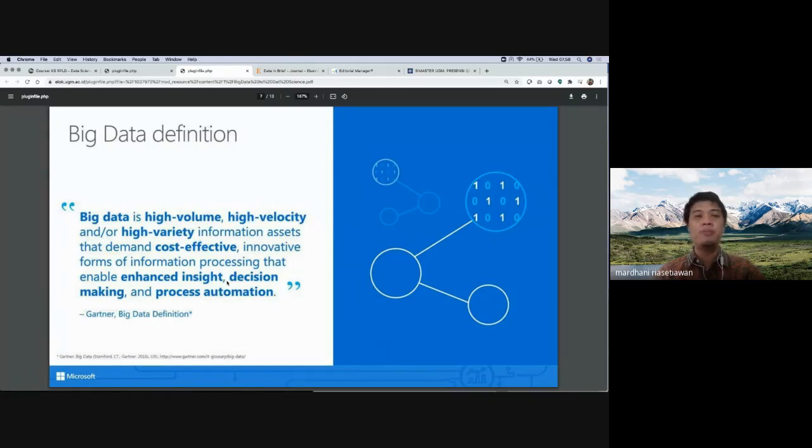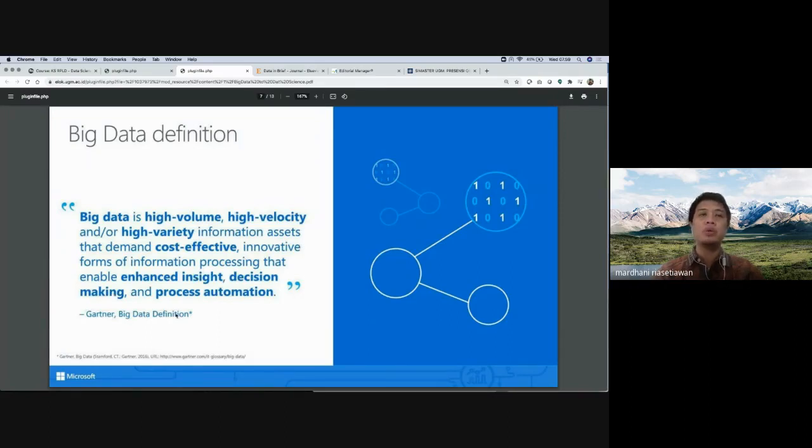So in conclusion of the big data definition, I would like to push all of you to be more concerned about how we gather the information in a cost-effective way, which is our part today. Then after you get all the information in the data set, you think about how to come up with the insight, and the insight will help us make decisions, and decision making will be easier for process automation.